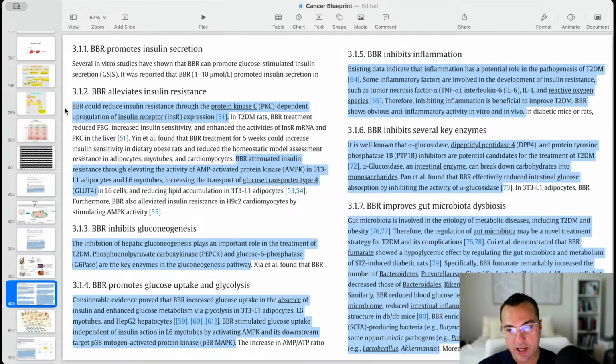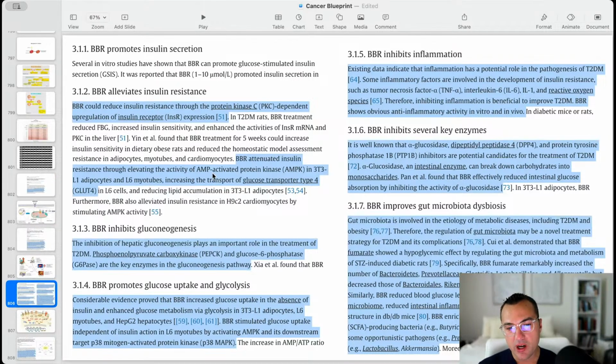Later on, it says that berberine attenuated insulin resistance through elevating the activity of AMPK, a chemical messenger system that we've talked about dozens of times on this particular channel. And in these 3T3-L1 adipocytes and L6 myotubes, increasing the transport of glucose transporter type 4, or GLUT4.